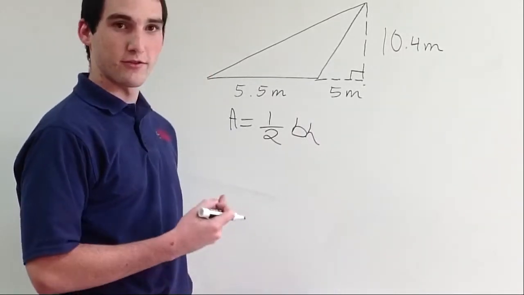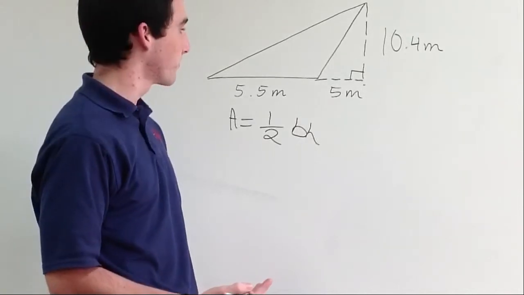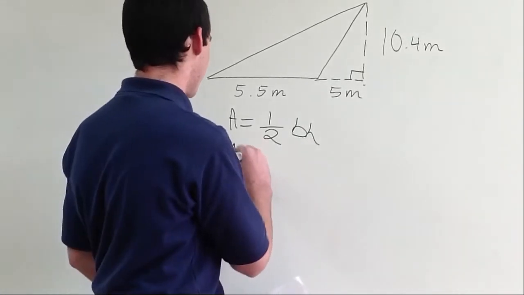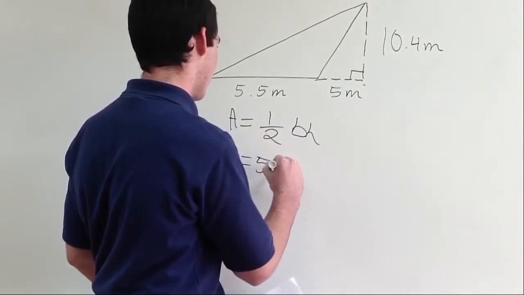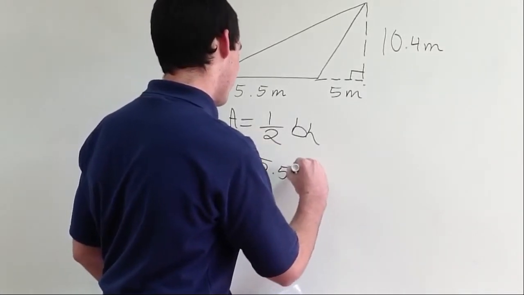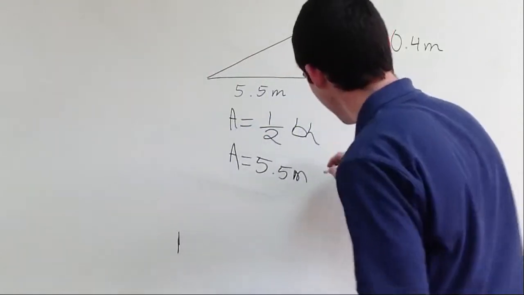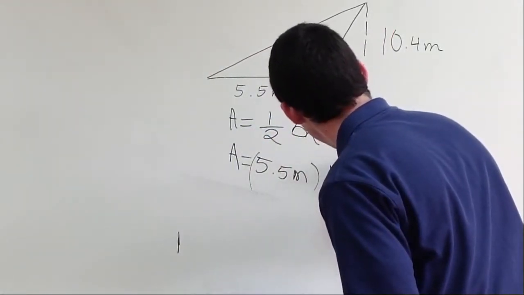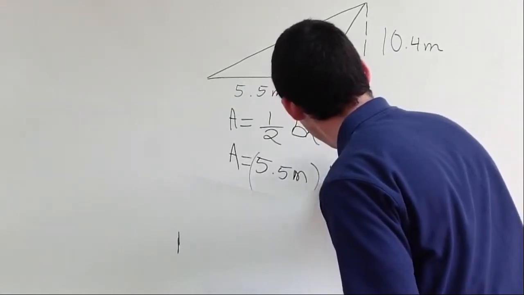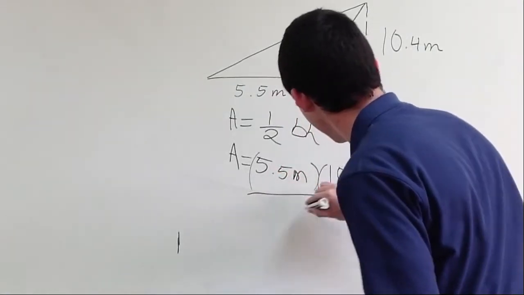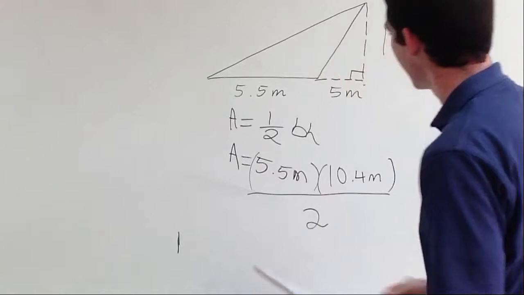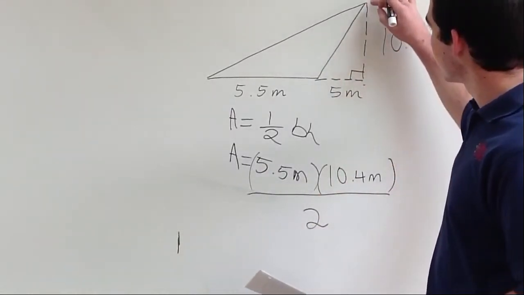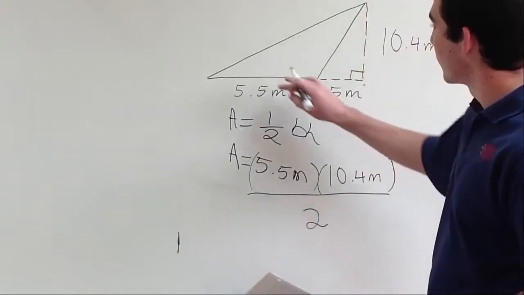So, now we have to distinguish what is the height, what is the base. Let's pick 5.5 meters as our base. Now, we know to pick 5.5 meters because that's the actual distance from the altitude to this base.